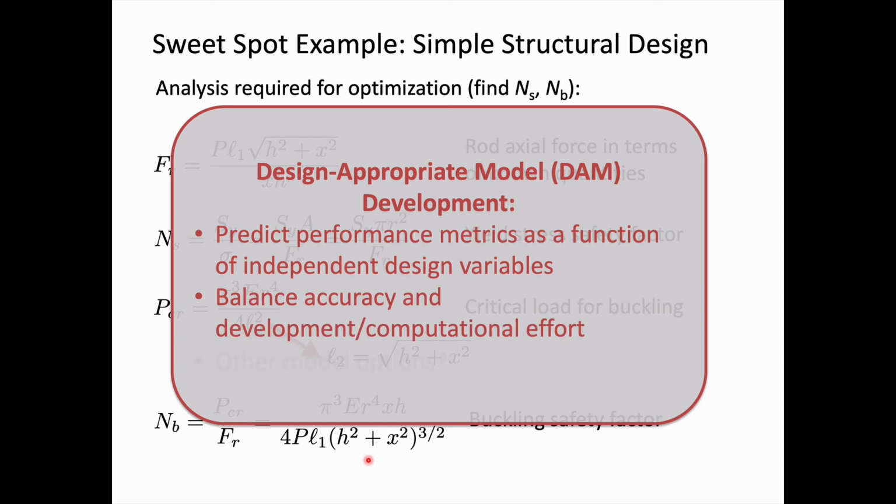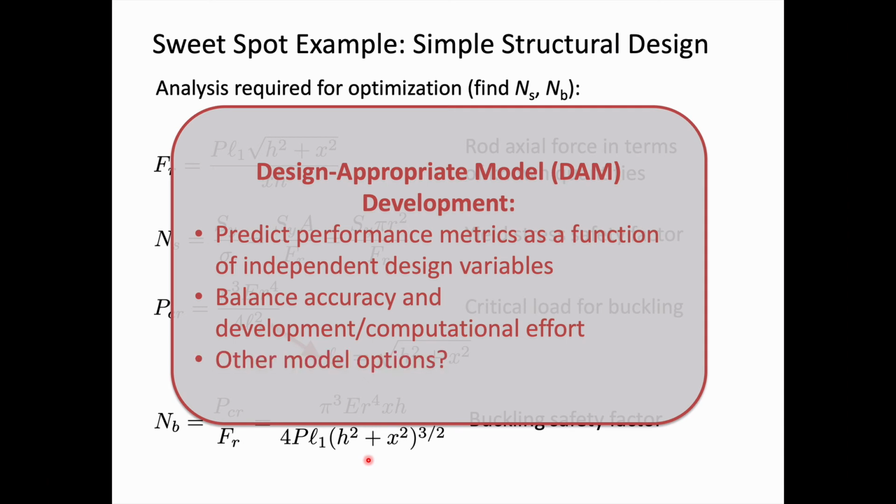There's usually a balance that we need to strike between the development effort and computational effort and the accuracy of our models. Sure, we could develop a highly accurate model, but that could take a lot of investment in engineering time to develop the model, or it might also require a large computational effort. Deciding what this balance should be is a challenging decision in an engineering design optimization effort.